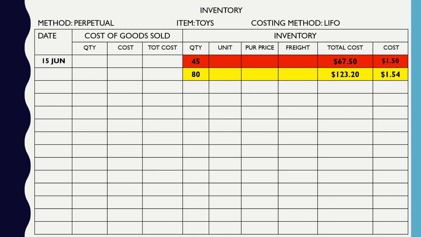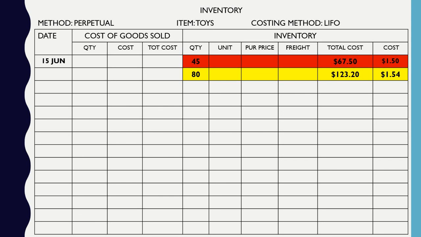So we know that we have our beginning inventory, and it's going to be exactly how you apply it. My red batch is going to be my first batch, and my second batch is going to be my remaining yellow batch. So as you can see, we transfer the information across, and this is where we start. Okay.